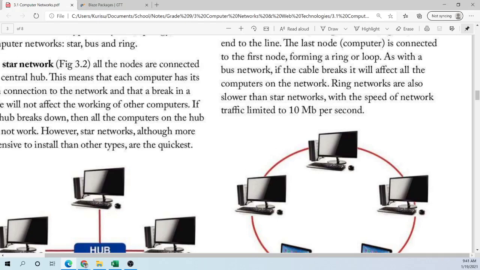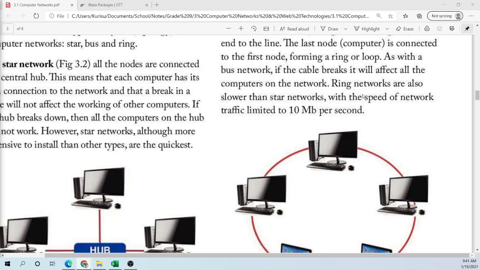But just note that if the network cable was to break, then it will affect the network. Now, once again, the limiting disadvantage is the speed of the network.